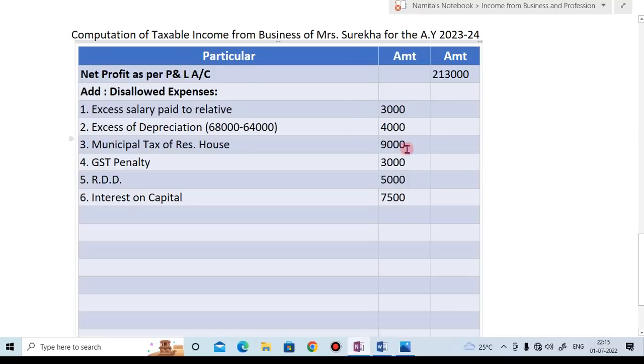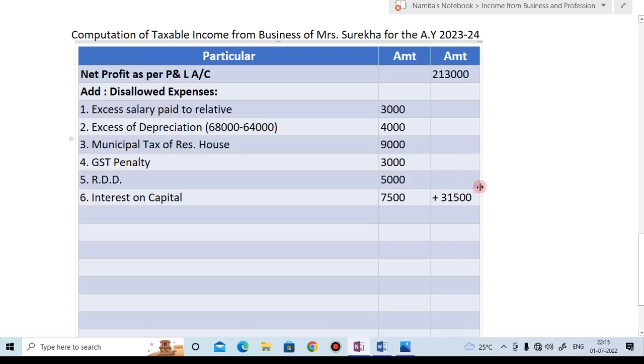Now total all these values and write in the outer column. That means 3,000 plus 4,000 plus 9,000 plus 3,000 plus 5,000 plus 7,500. So we get 31,500.